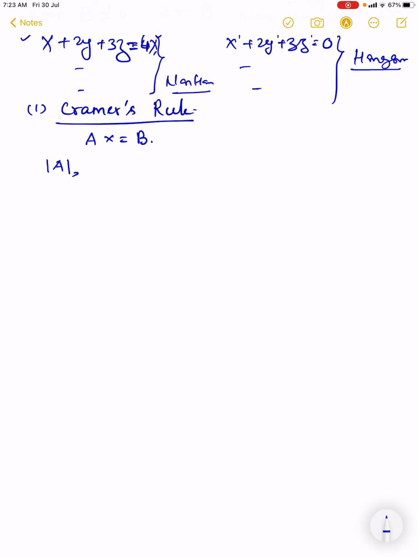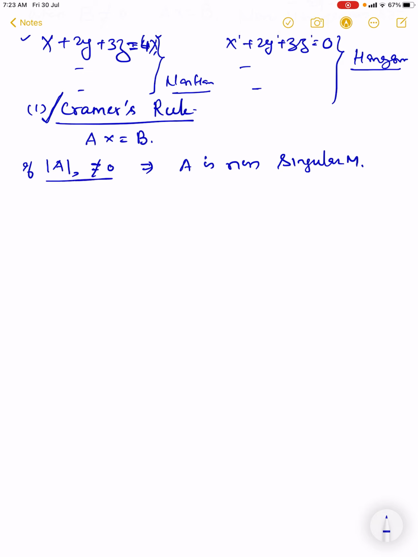If it is non-zero, that is, A is a non-singular matrix, then we can apply Cramer's rule. Otherwise, if it is a singular matrix, then we can't apply Cramer's rule. This is the limitation of Cramer's rule.